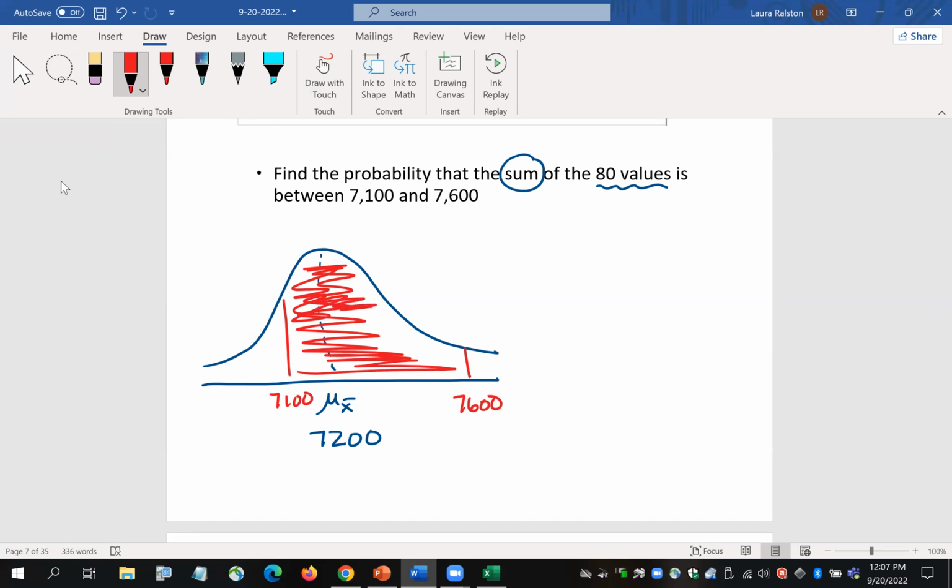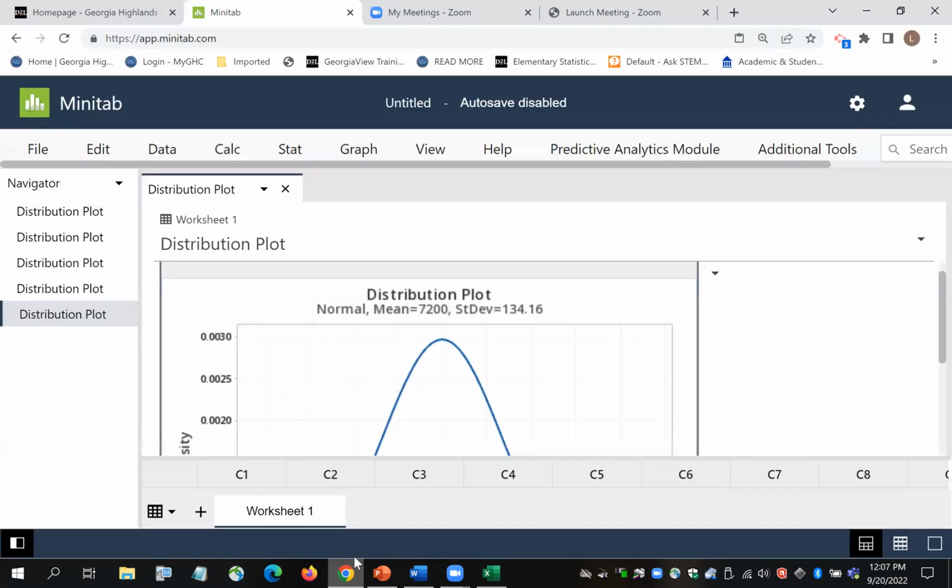So you're looking for this red shaded region. This is a between, or Minitab calls it middle. Out to Minitab we go.